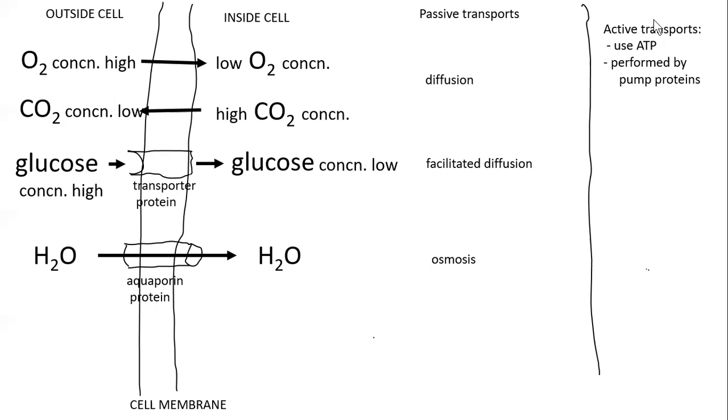Here in the corner is a topic that will be hugely expanded on in your lecture material, active transport. Active transport uses ATP as opposed to the passive transports that don't. And the active transport is performed by pumps. So you'll see pumps in chapter 3 material.